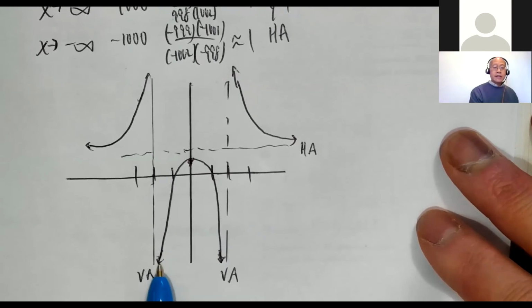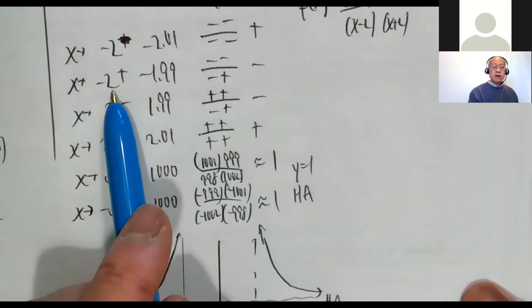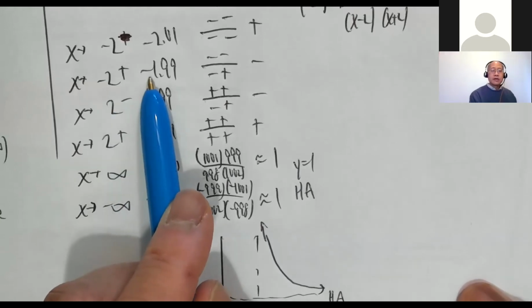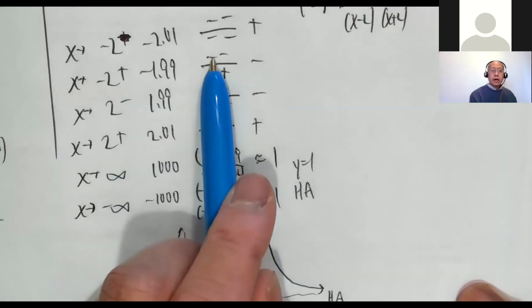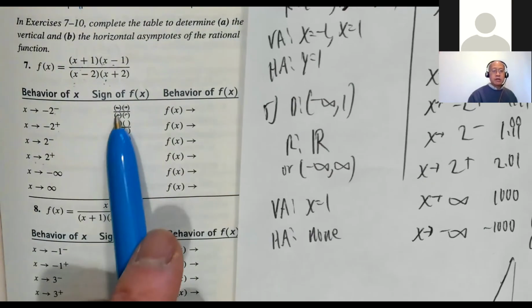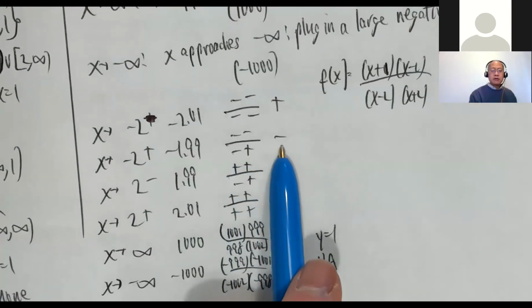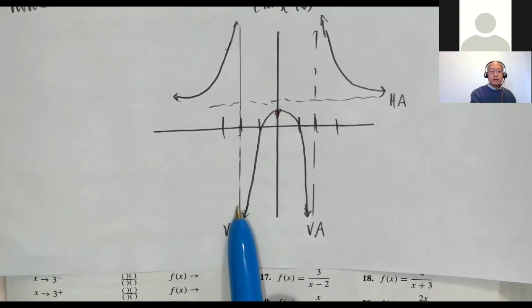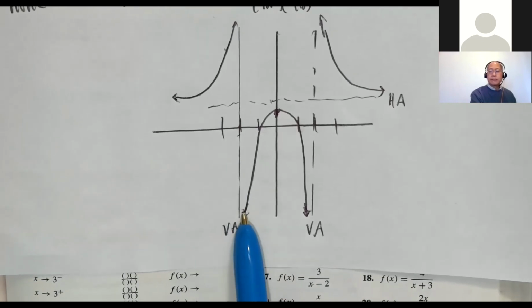I got this from here. X approaches -2 from the right. If I plug in -1.99, which is a little bit bigger than -2, I did my sign chart. And by the way, this plus minus stuff is exactly what they mean by all that parentheses stuff. It came out to be negative. So that tells me I'm going down toward negative infinity if I'm a little bit to the right of the vertical asymptote.